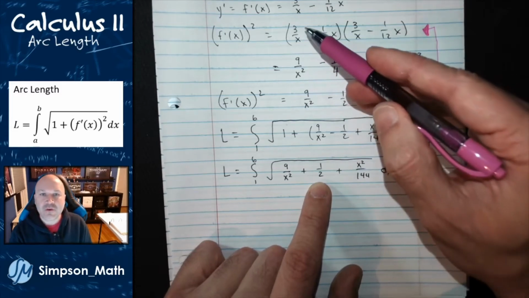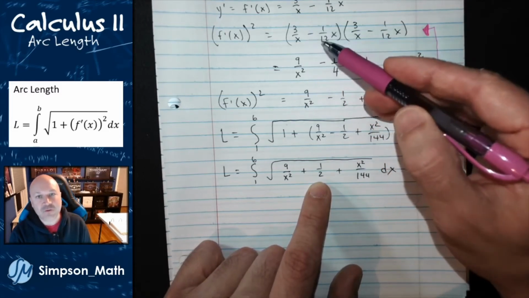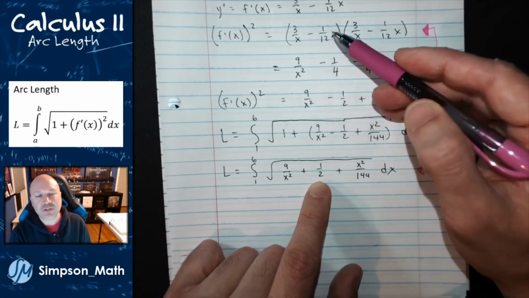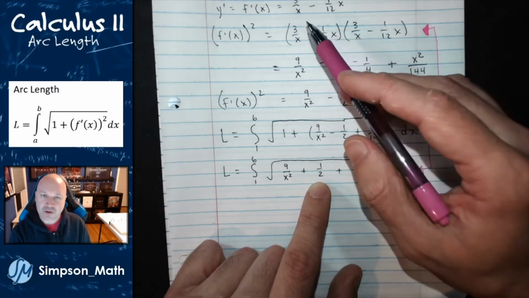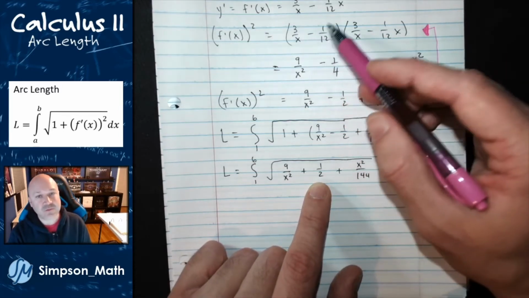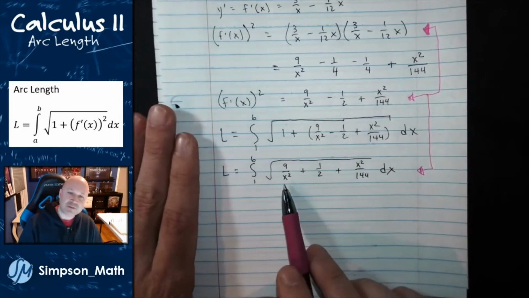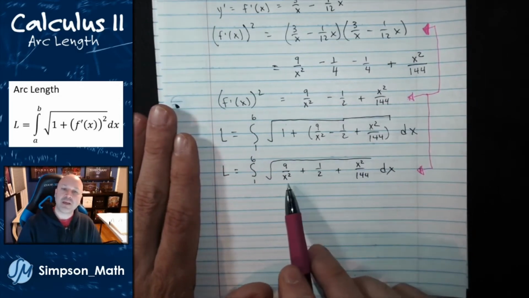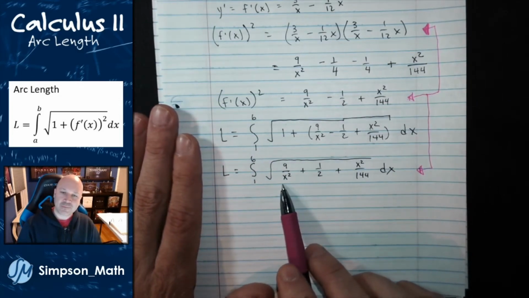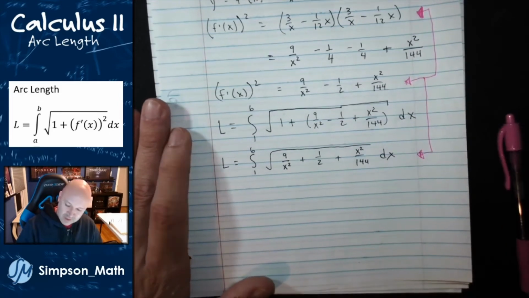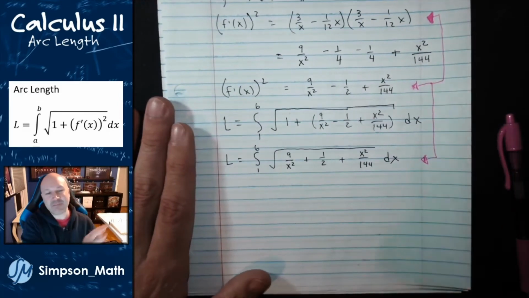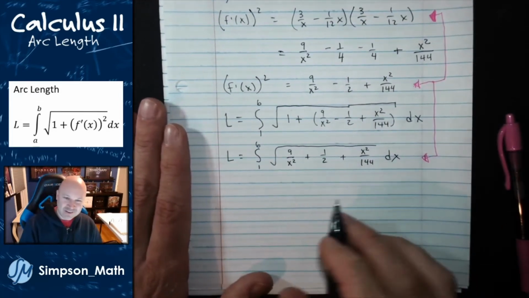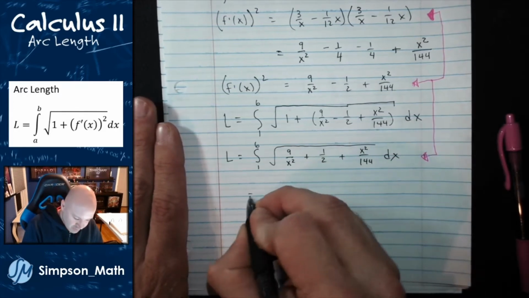So instead of 3 over x minus 1/12 x, we're going to have 3 over x plus 1/12 x. So I claim this is a perfect square trinomial. I've got a lecture on this back in pre-calculus if you need to revisit perfect square trinomials.